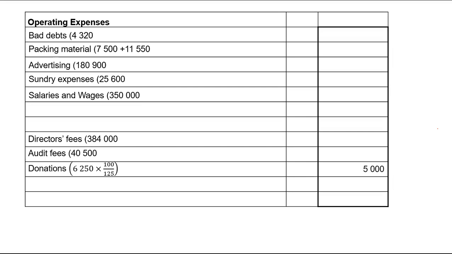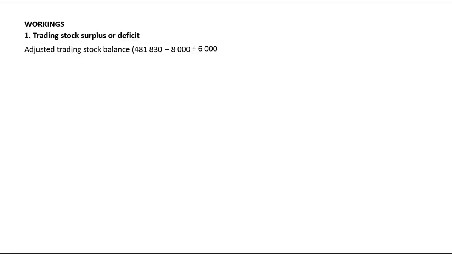Meaning that our trading stock must also decrease by that 5,000 Rand. We are going to go to my workings, and when I get to trading stock, I am going to reduce my trading stock, which I have in the trial balance, by 5,000 Rand. Done.